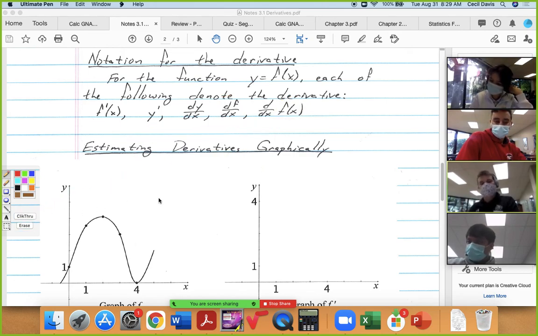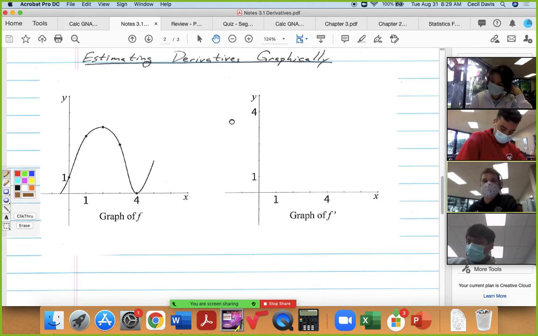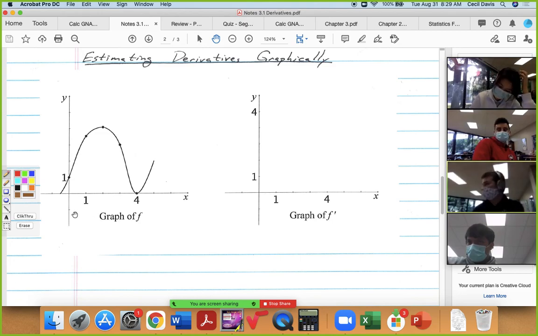All right. So, estimating derivatives graphically. One of the things that is expected that you can do on the AP exam is that you can look at a graph and estimate a derivative at any point. And it's actually not hard, especially on some of these points.